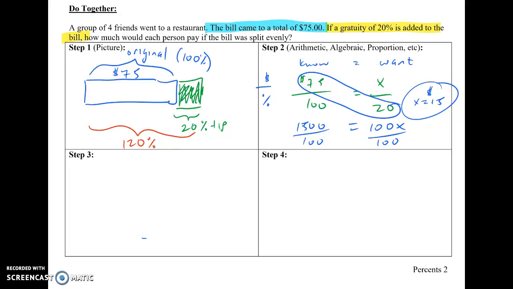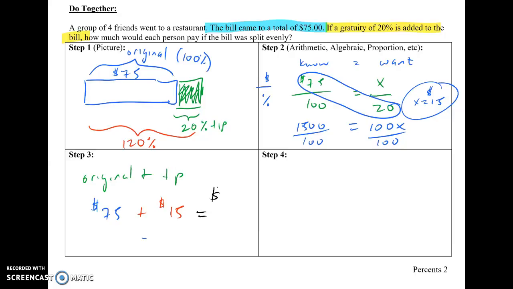Now, step 3, we need to find what the bill came out to be after tip. Well, if the original bill is $75, right? So we have the original bill, that's $75. And to get our final total, we have to add the tip, and we found that to be $15.